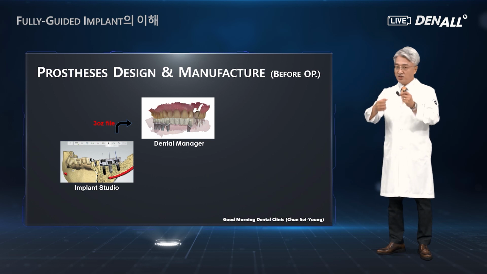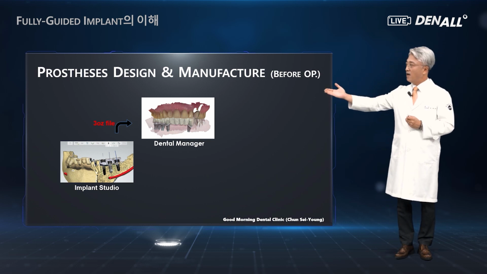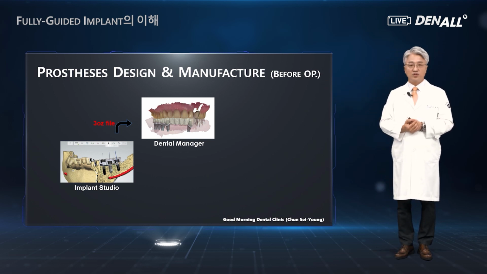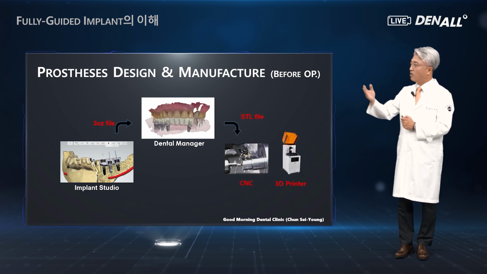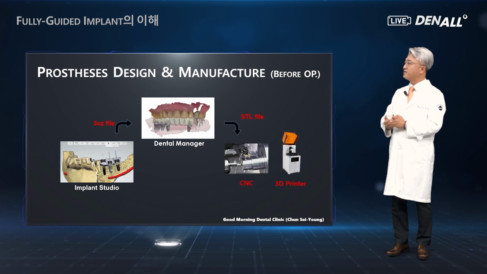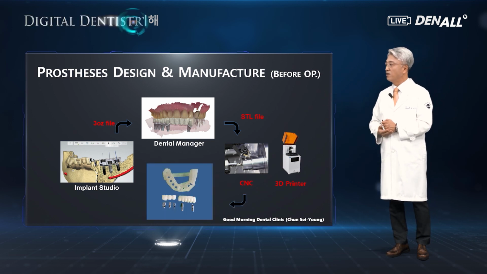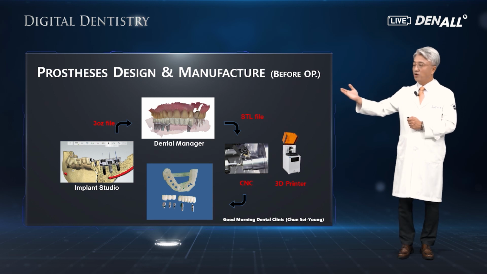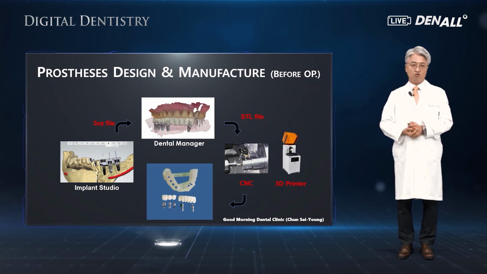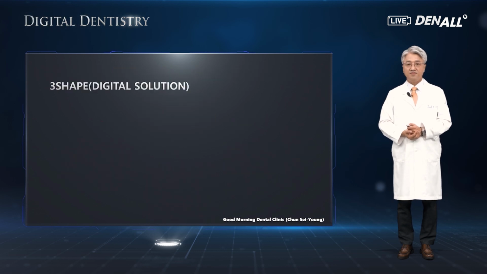With the prosthesis software, based on the fixture positions, abutment and crown prosthesis can be designed. The designed abutment and the prosthesis will be in the STL file, which will be sent to the CNC or 3D printer to fabricate the prosthesis or abutments before surgery.